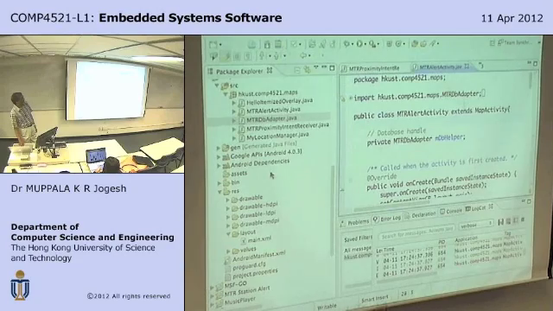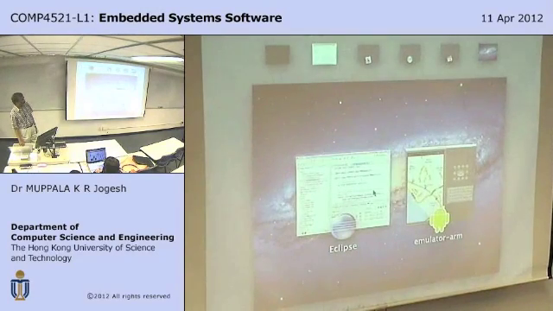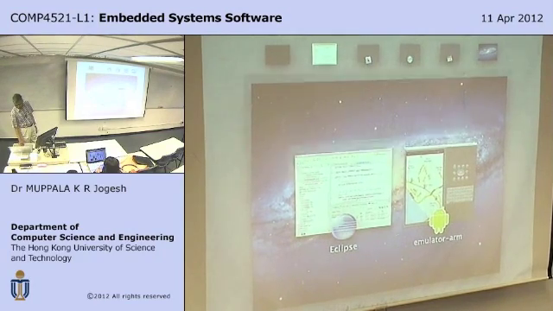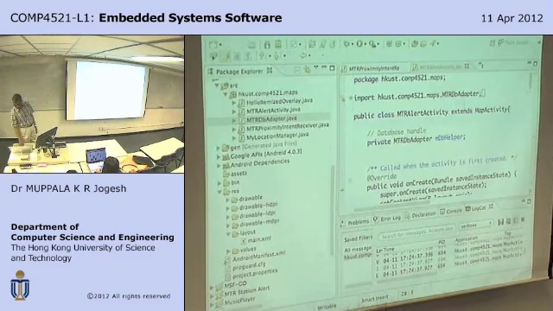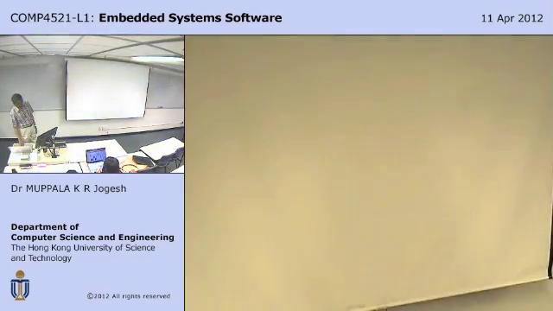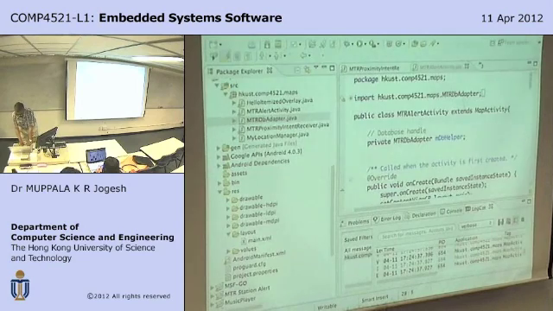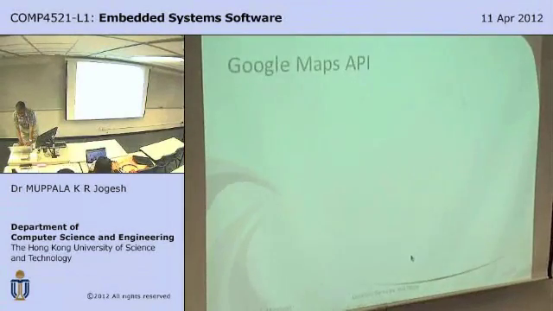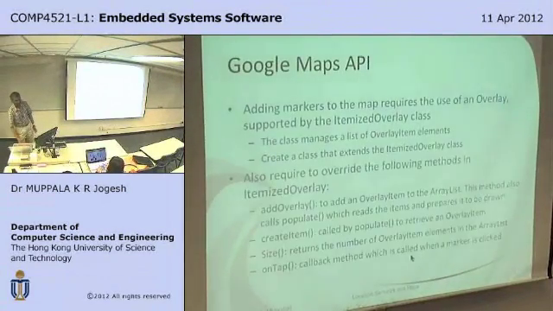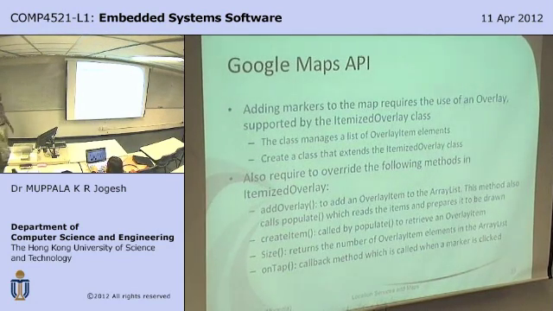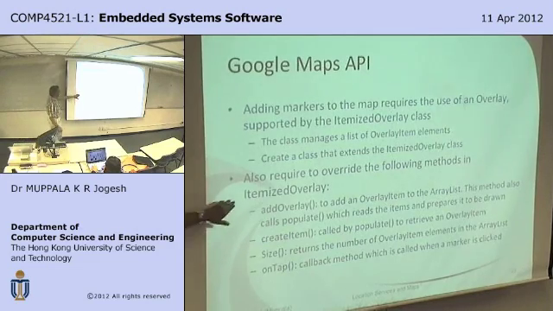Okay, now getting back to the application. Let me see if there is anything else. I think that's about it for the maps application. Let me go back and finish up the discussion on Google Maps API. Adding markers to the screen is done by using this function called Itemized Overlay.